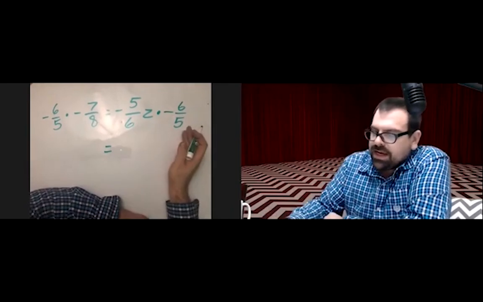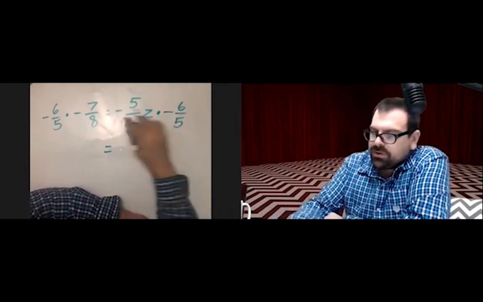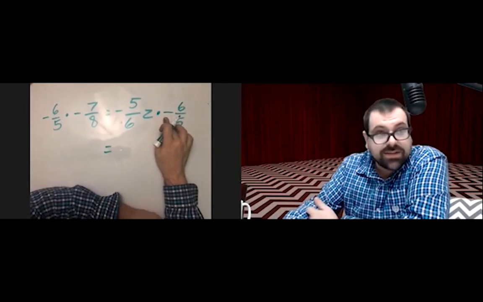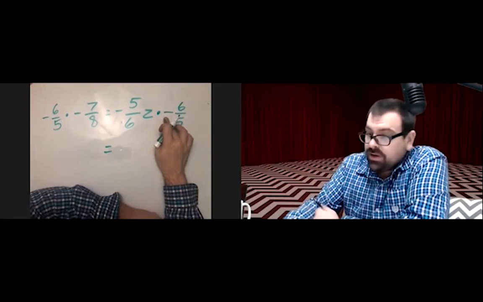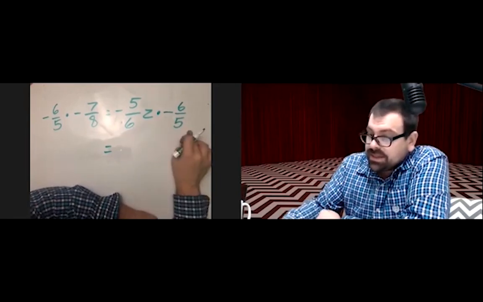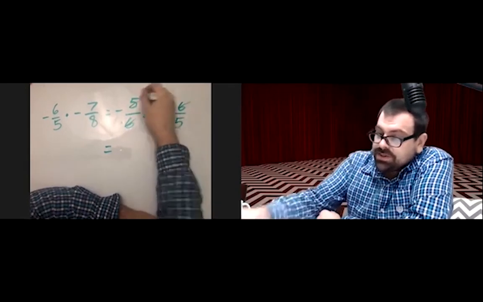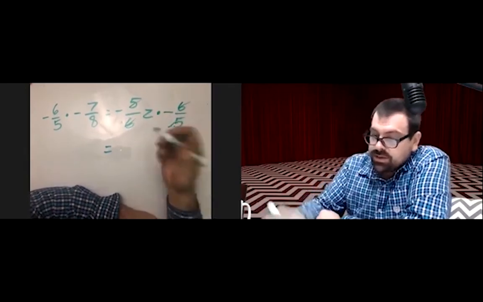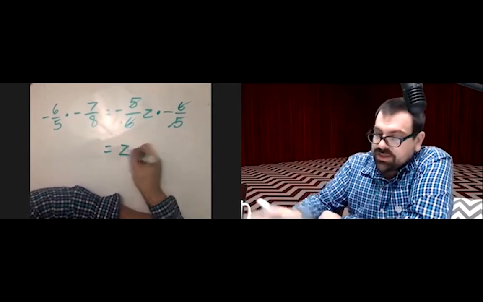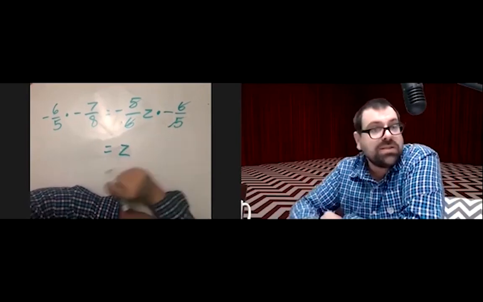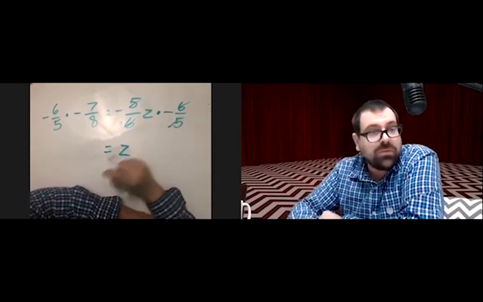On this right side, where we multiplied by the reciprocal, negative times negative cancels out and becomes positive. 5/6 times 6/5, that all cancels out and becomes 1. So 1 times z just leaves us with z. That's why we multiply by the reciprocal. Gets rid of what we need it to get rid of.